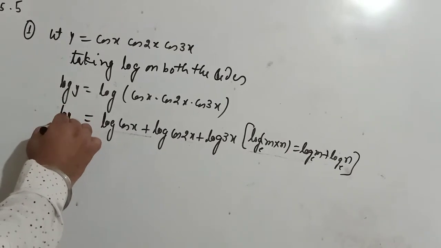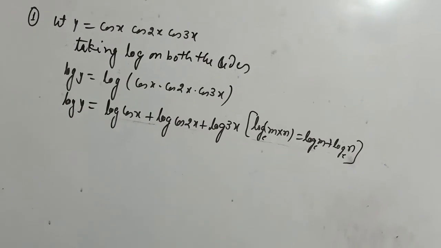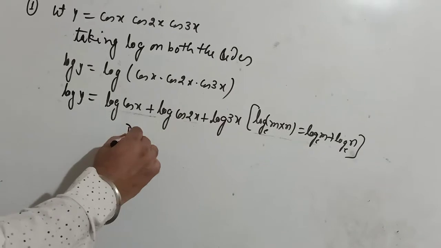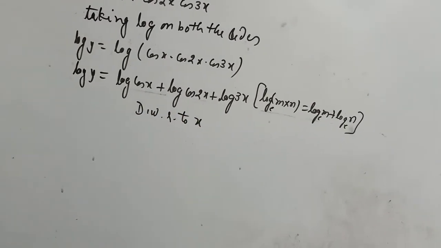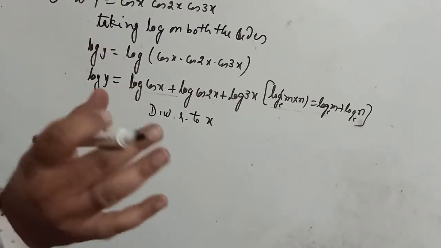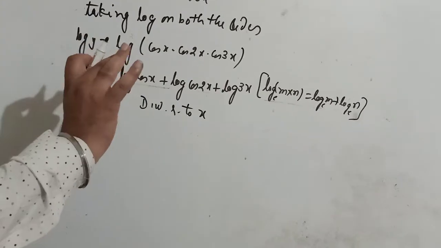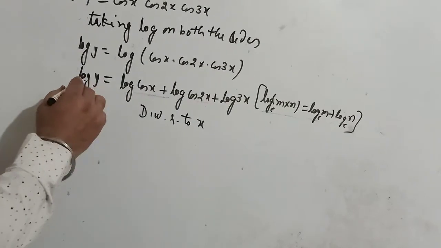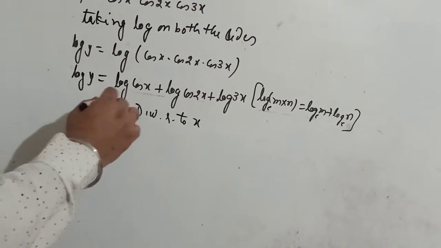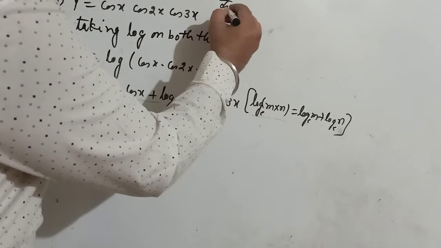Now we can differentiate easily. So differentiating with respect to x, this is very important. In the first question you are doing logarithmic differentiation, pay proper attention. If you understand two questions properly, you can solve the whole exercise. What is the differentiation? We all know d by dx log x is 1 by x.